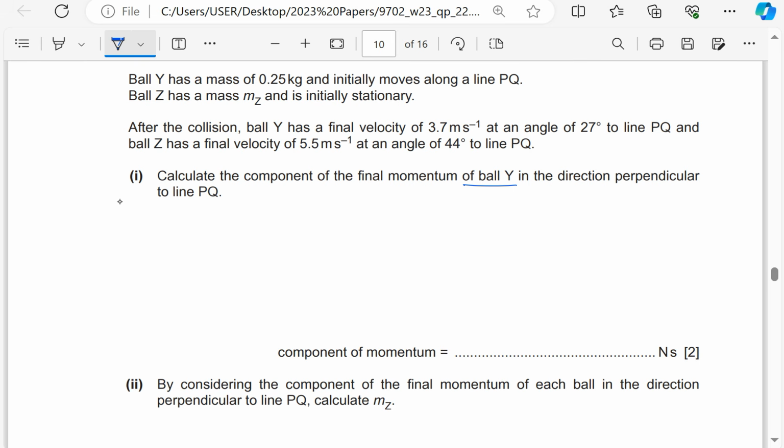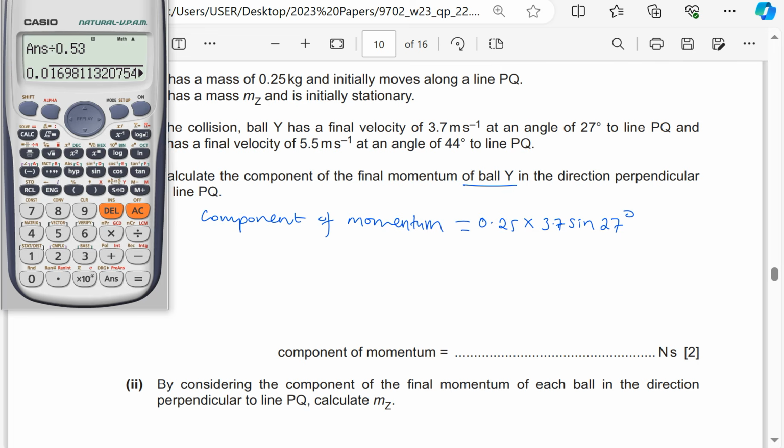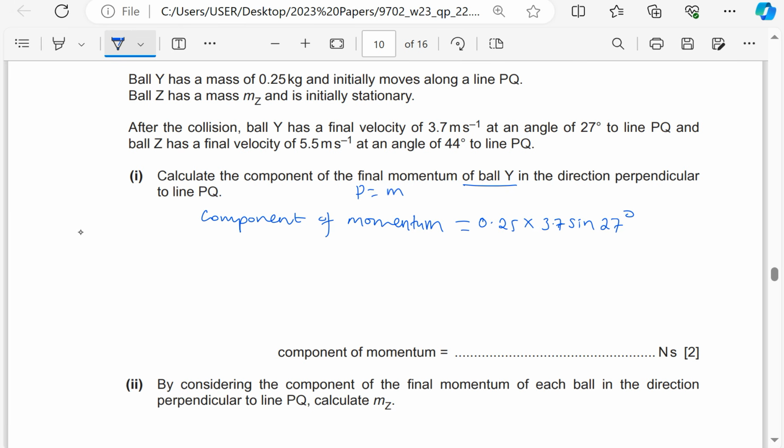So I will say the component of momentum is simply going to be 0.25 times 3.7 sine of 27 degrees. So 0.25 is the mass. Remember, momentum is mass times velocity.